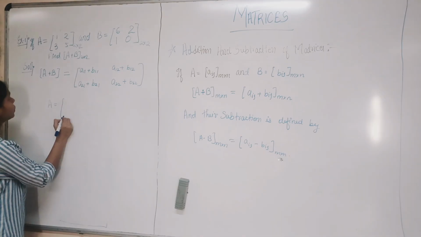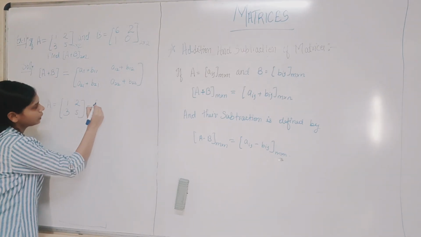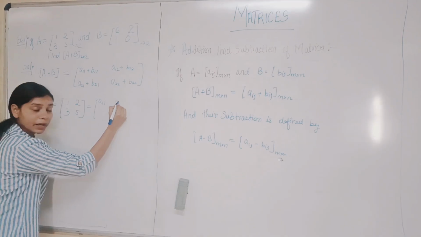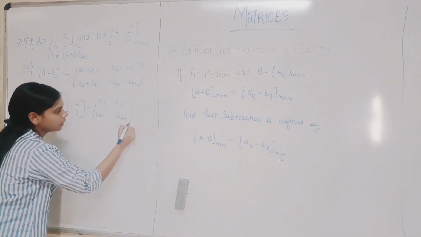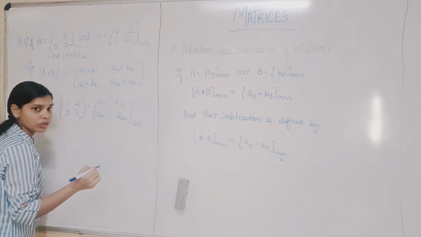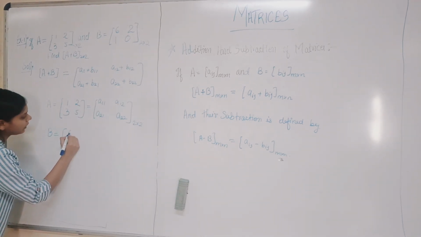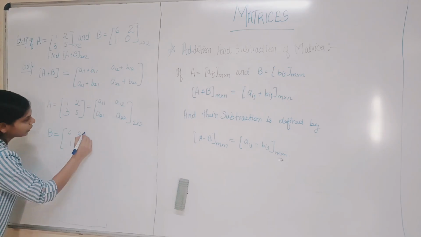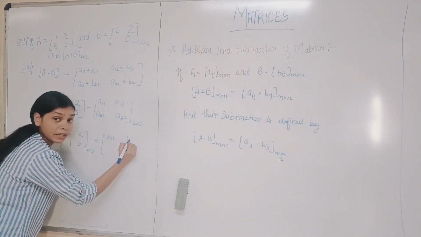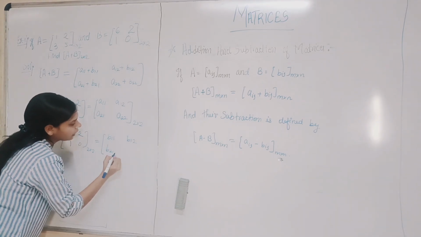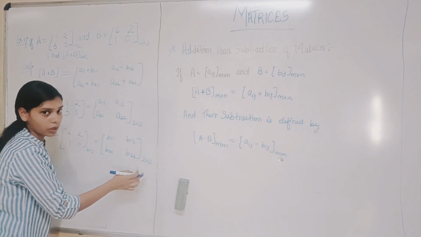A is equal to 1, 2, 3 and 5, which is A11, A12, A21 and A22. This is a matrix of order 2 cross 2. And B is equal to B11, B12, B21 and B22. This is also of order 2 cross 2.